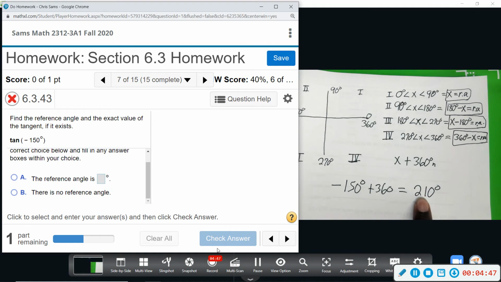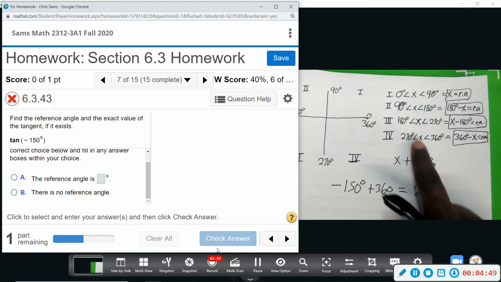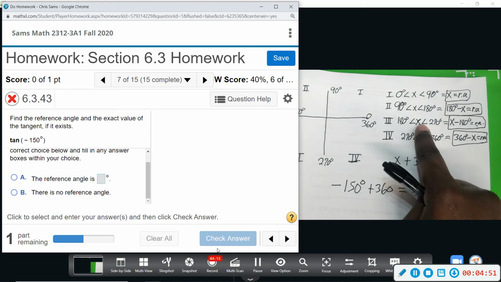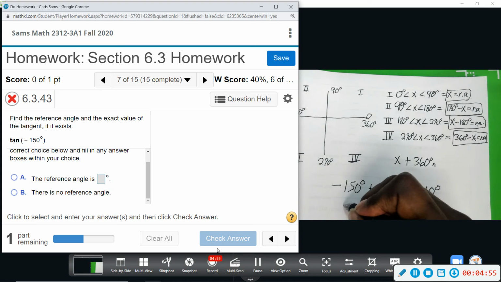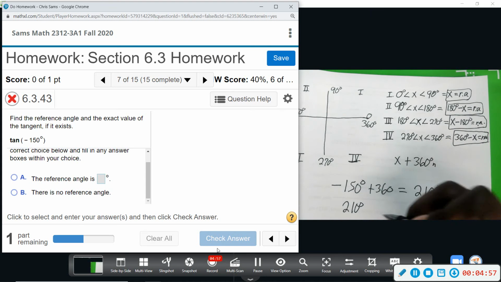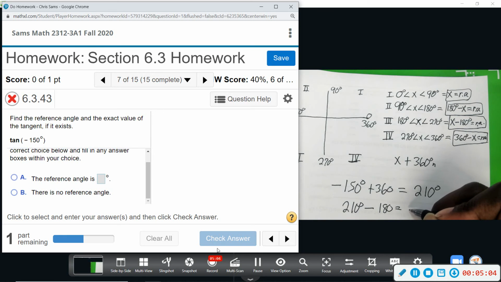All right, so all of a sudden, now we fall in category 3. So to find my reference angle, I need to do 210 minus 180, and that will give you 30 degrees.